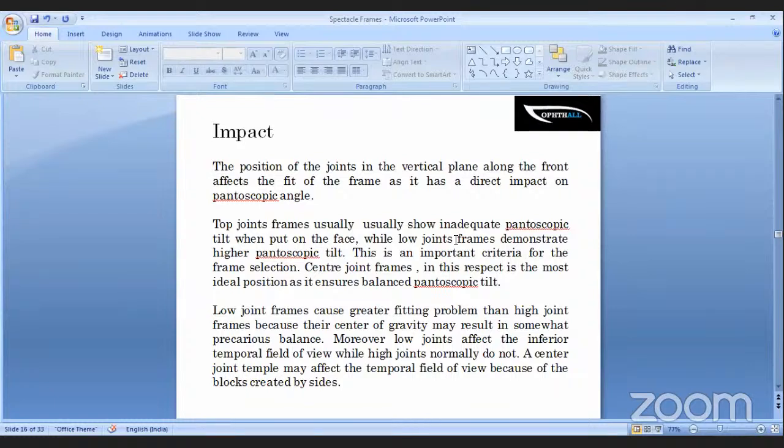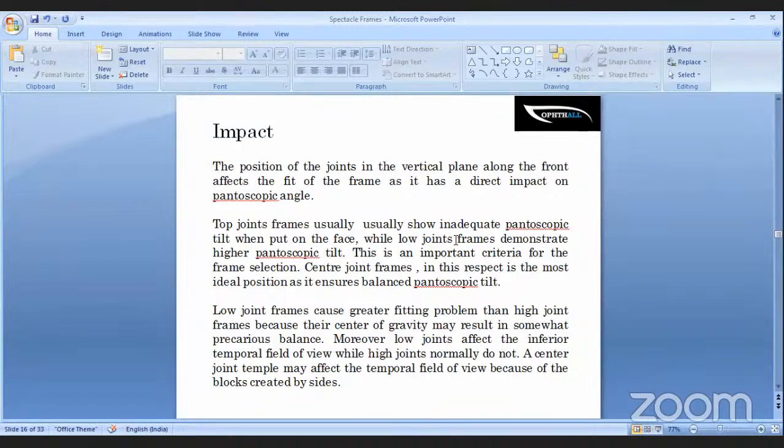Now this frame ergonomic has a lot of impact on the wear dispensing. The position of the joints in the vertical plane along the frame front, the fix of the frame, affects the pantoscopic angle.